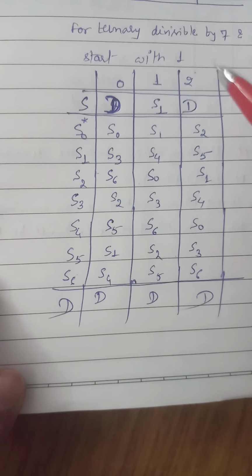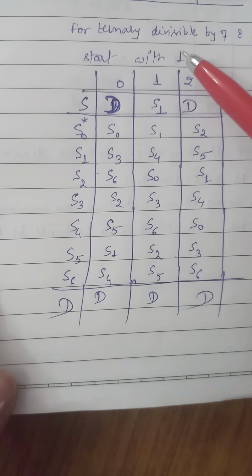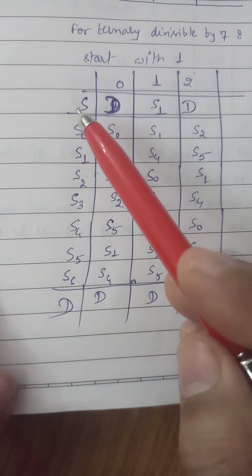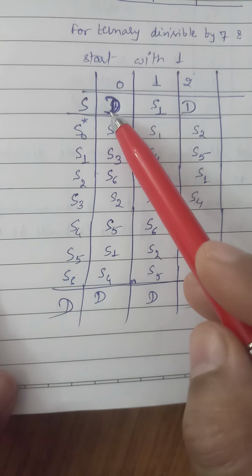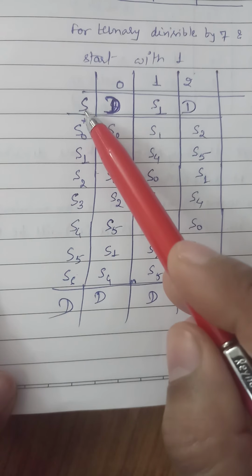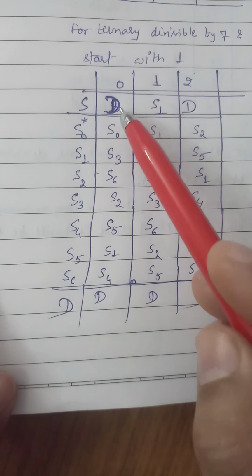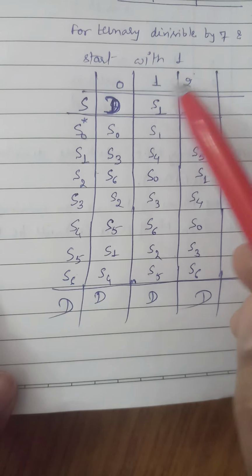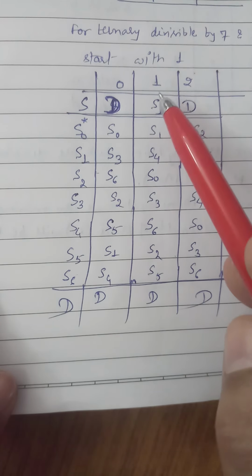So in the similar way we can write for ternary also, in which it is divisible by 7 and starts with 1. This is the simple way of writing. We take one extra state so that the transitions for 0 and 2 can go into the dead state, because we cannot start with 0 or 2; in the case of ternary we can start with 1 only.